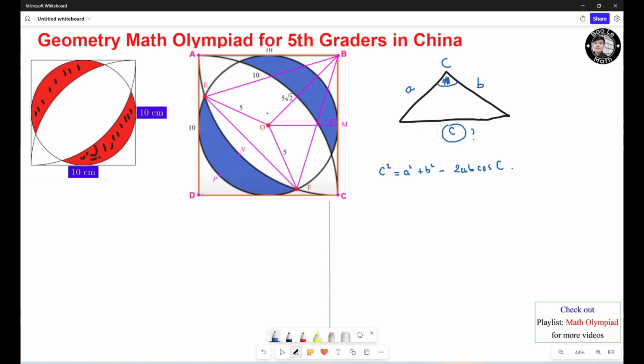So let's get the picture as follows. We observe that B right here is the center of this circle, and D right here is the center of this circle.